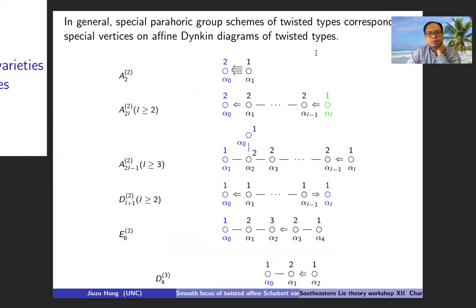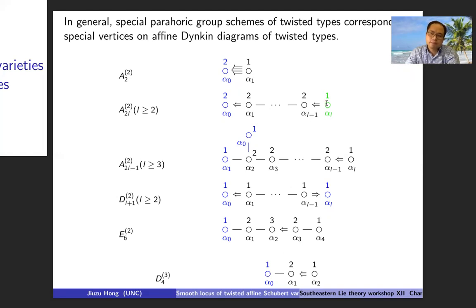In general, special parahoric group schemes of twisted type correspond to special vertices on the affine Dynkin diagram of twisted types. These colored vertices are all special vertices, and this blue one is the one we have taken care of. We start with a standard diagram automorphism, and then we get a parahoric group scheme over O bar, which corresponds to this blue vertex.